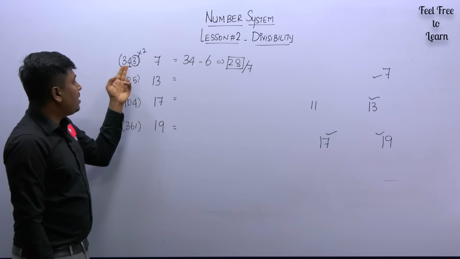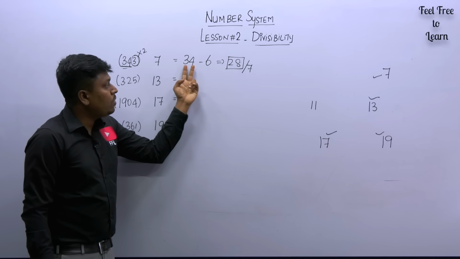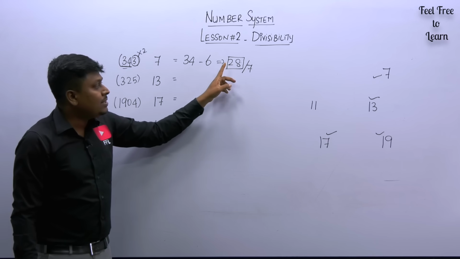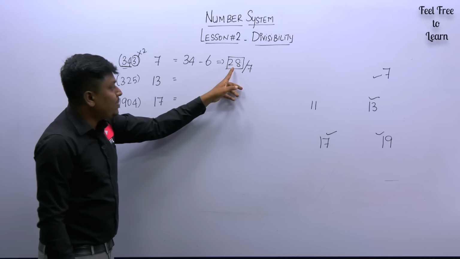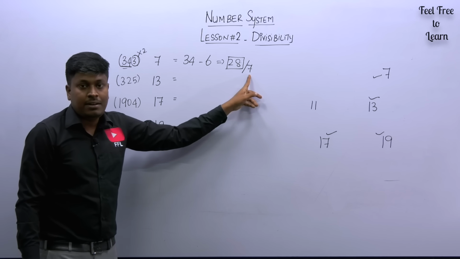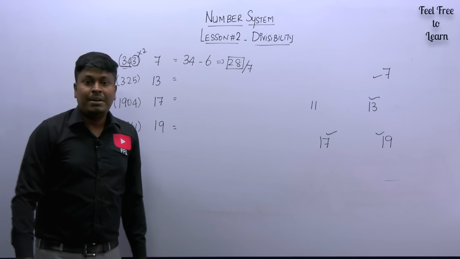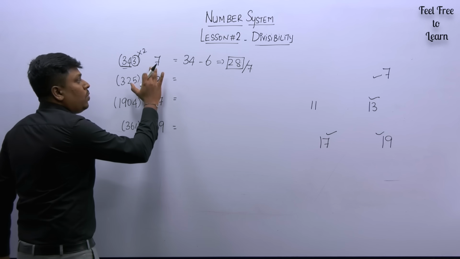Got it? Here the remaining number is 34. You have to subtract 6 from this 34. The resultant will be 28. Now check whether 28 is divisible by 7. Yes, 28 is divisible by 7. Then we can say that the complete 343 will be divisible by 7. Friends, got it? How easy it is, right? So that is the divisibility rule of 7.